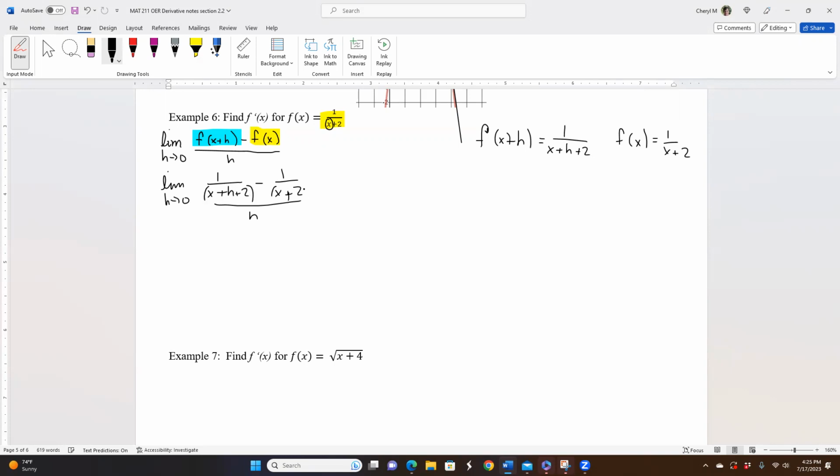Since they are different and don't have any factors in common, the common denominator will be found by multiplying these two denominators together. The first fraction will have a denominator x plus h plus 2 times x plus 2, and so will the second fraction.